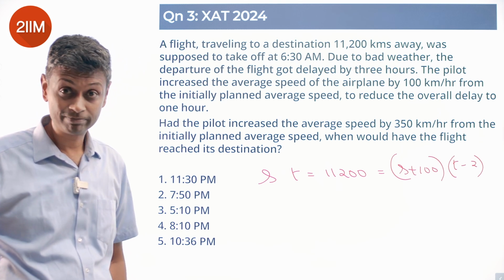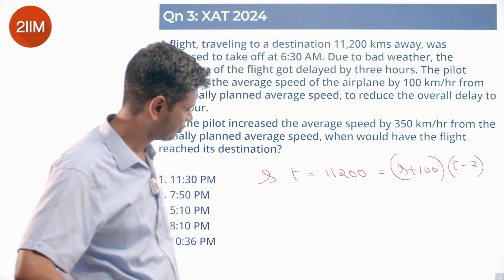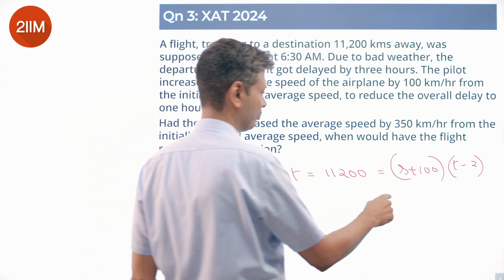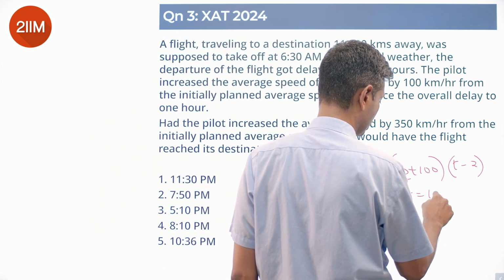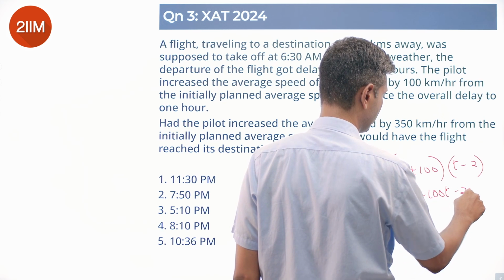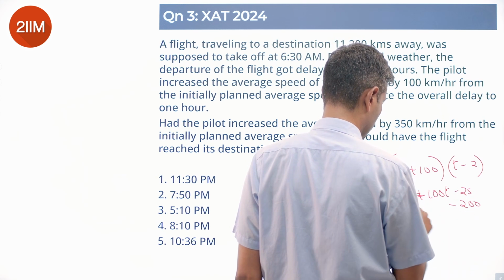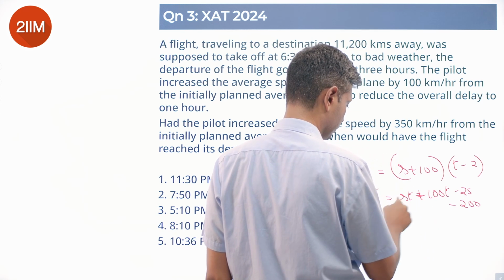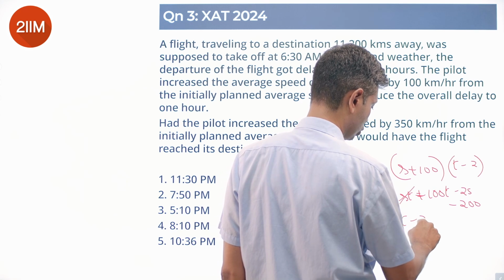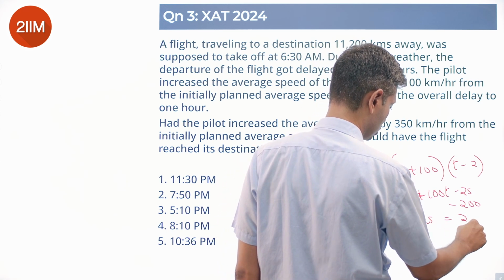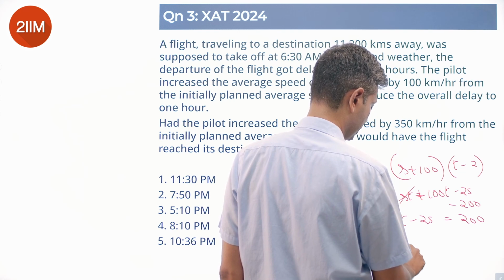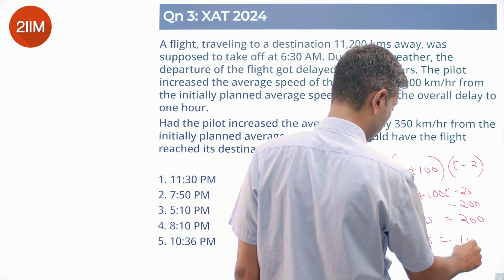I'm going to see if we can guess this. T should be small, s should be high. We can solve this. We can say, hey, st plus 100t minus 2s minus 200 equals st, or 100t minus 2s equals 200, or 50t minus s equals 100.